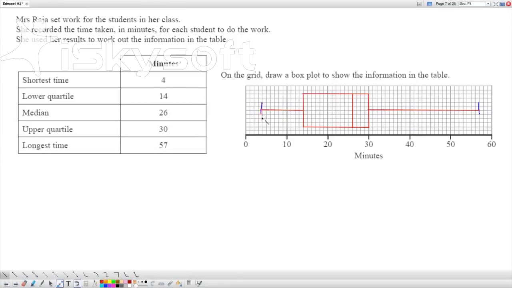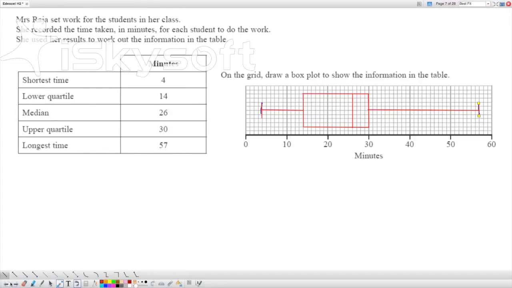Making that line a bit neater. Do a straight line here, smaller value line, and here. So here we have our box plot, the shortest time, lower quartile, median, upper quartile, and the longest, the highest value here.